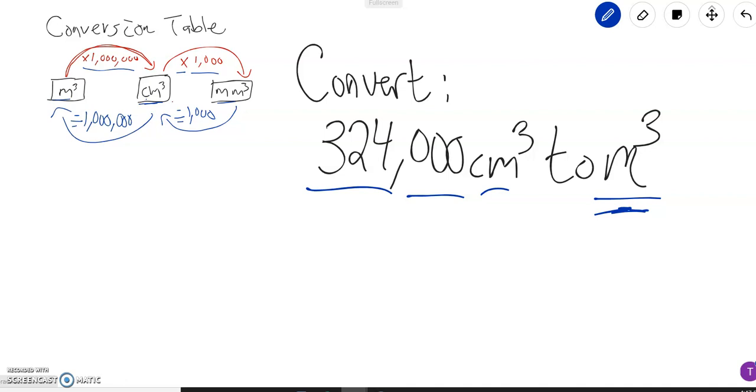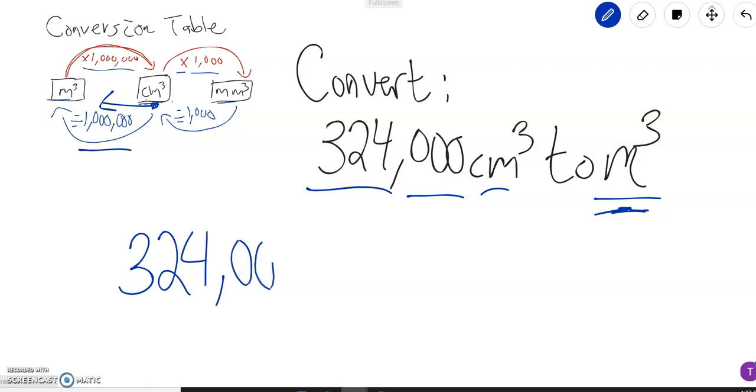So if we go back to our table, we see when we go from centimeters back over to the greater unit, meters, we divide by 1,000,000. So we're going to take this number that's with the cubic centimeters, 324,000, and we're going to divide it by 1,000,000.